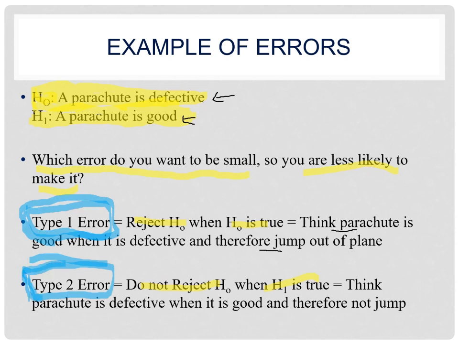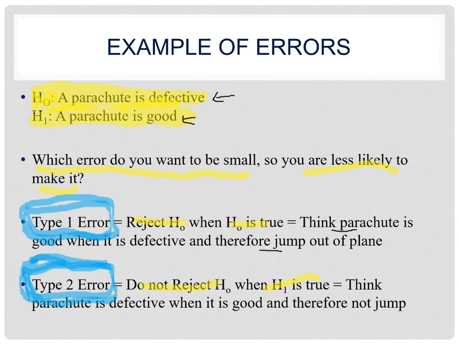If it means that we lose a few good parachutes by accident, and it costs a few hundreds to get rid of some that we didn't actually need to get rid of, so be it. It's a lot better than having people jump out of a plane with parachutes they think are good when they're not. So that's sometimes the idea of what reducing your errors can be.